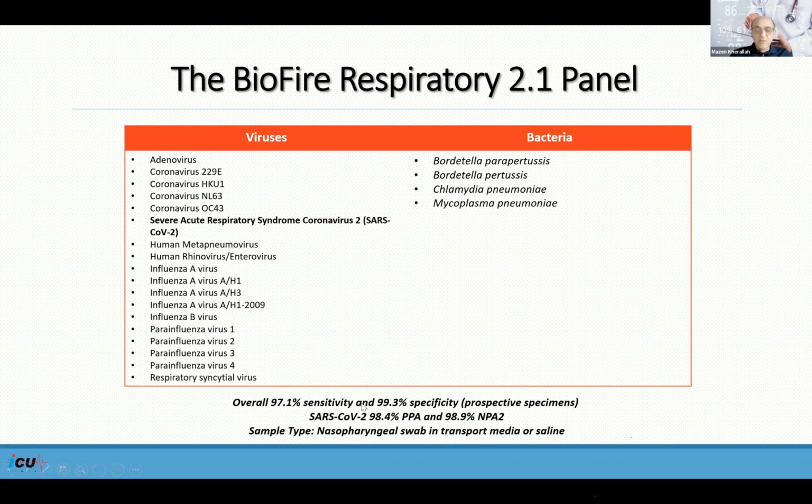Again, the sensitivity and specificity are close to 99% for the specificity and 97% for the sensitivity. And I want you to understand that if we have a test that has 100% specificity, a positive test means that there is infection. So you cannot ignore a positive test that has 100% specificity.